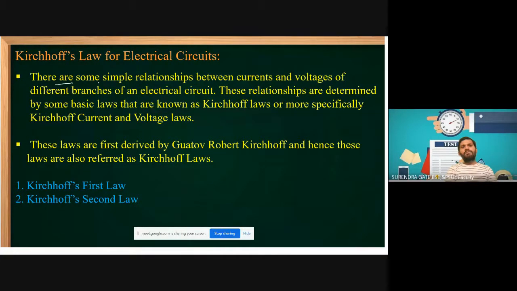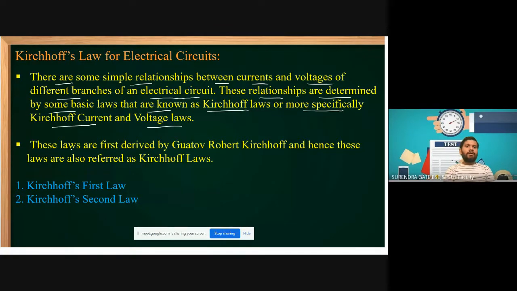There are some simple relationships between currents and voltages of different branches of an electric circuit. These relationships are determined by basic laws known as Kirchhoff's laws, more specifically Kirchhoff's current law and voltage law.